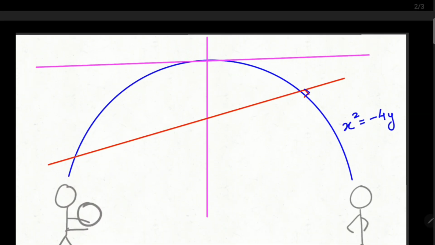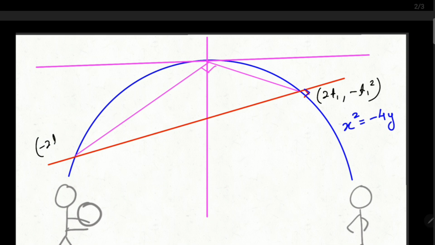So let's draw a right angle at the origin. The two ends of the parabola when joined with the origin subtend a right angle, with coordinates of the 2 points 2t1 comma minus t1 square and 2t2 comma minus t2 square.